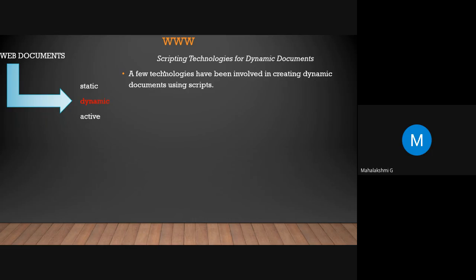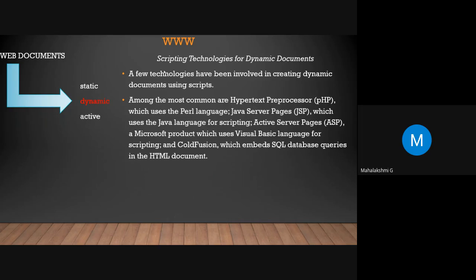A few technologies have been involved in creating dynamic documents using scripts. Among these, the most common are Hypertext Preprocessor, PHP, which uses the Perl language; Java Server Pages, JSP, which uses the Java language for scripting; Active Server Pages, ASP, a Microsoft product which uses Visual Basic language for scripting; and Cold Fusion, which embeds SQL database queries in the HTML documents.